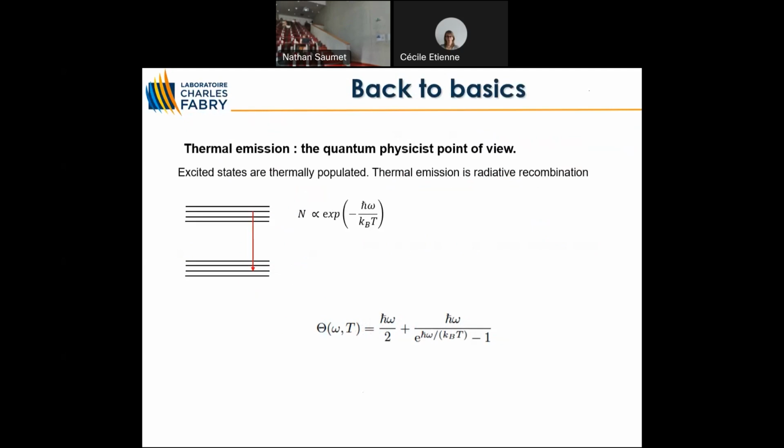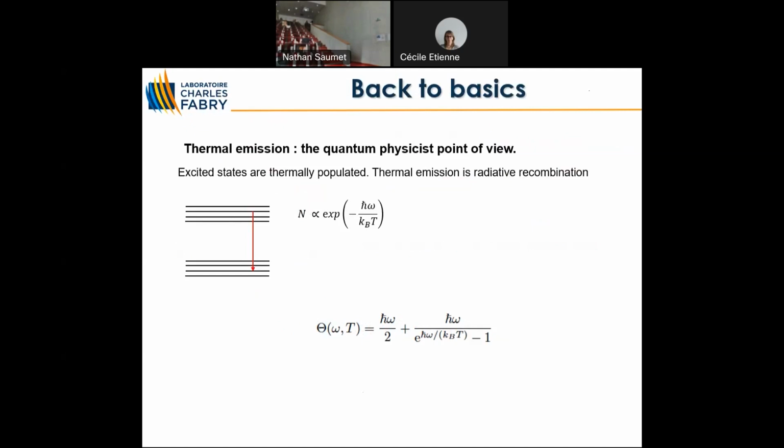This is another picture that I want to propose to understand thermal emission. This is the picture that we see in physics classes about light emission. You have excited electronic states, if we are talking visible, and lower electronic states, and you have an electron-hole recombination, or call it as you like, a radiative relaxation path from one state to the other.